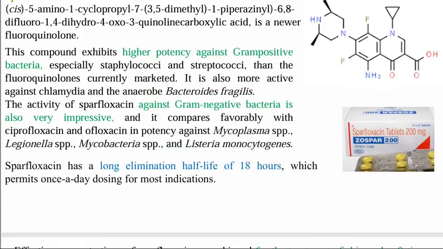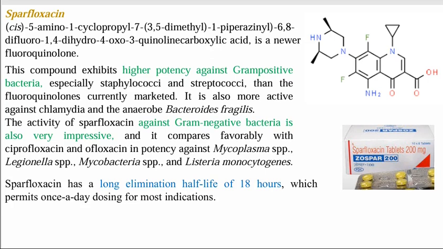Then we have sparfloxacin. Now sparfloxacin, you can see the differences in the structure. This is again having a difluoro moiety. Now along with the piperazine ring you also have dimethyl groups. So if we start numbering from 1, this will be 2, this will be 3, this will be 4, and this will be 5.